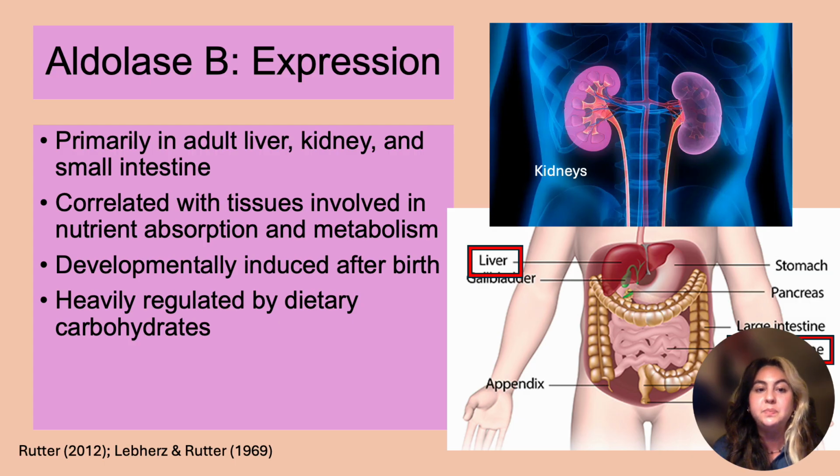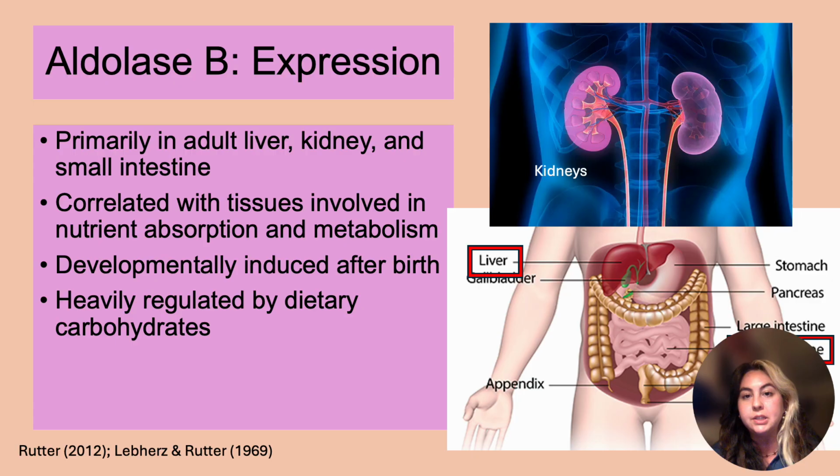So because of its locations and the tissues it's involved with, how much it's expressed is going to be heavily regulated by different dietary carbohydrates. And then, as we mentioned a little bit briefly while we were talking about isoform A, during embryonic stages, isoform A is the predominant isoform.